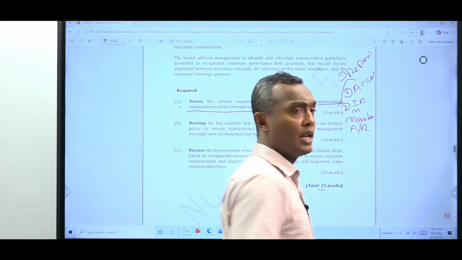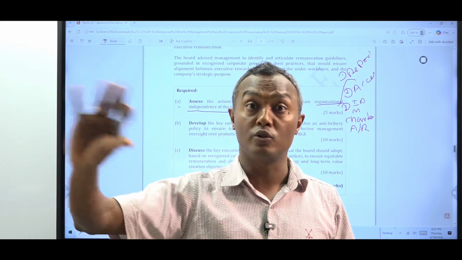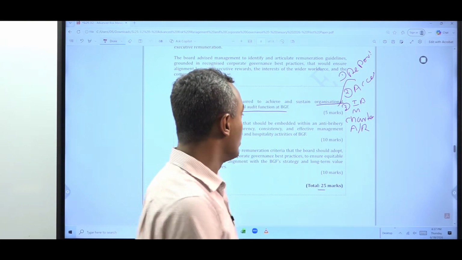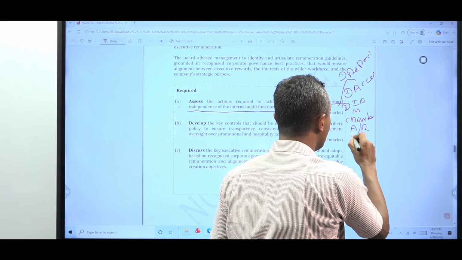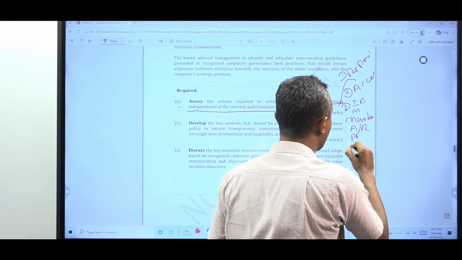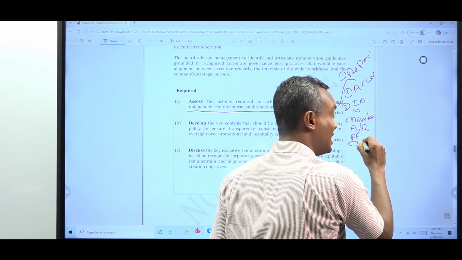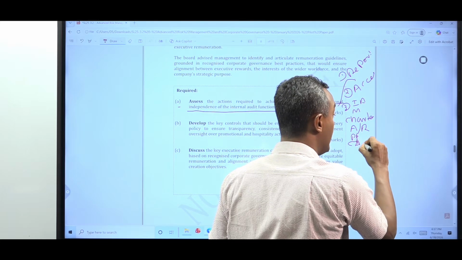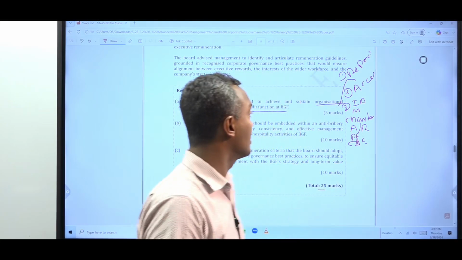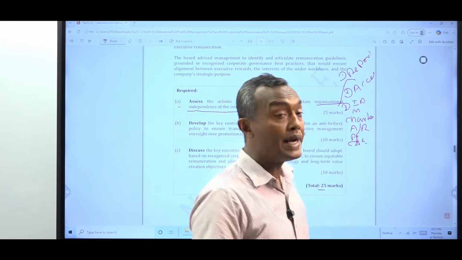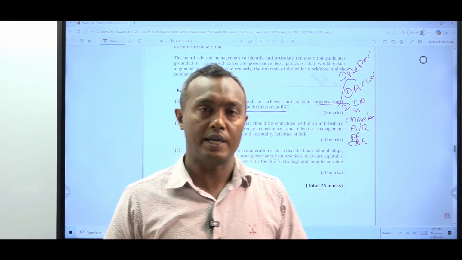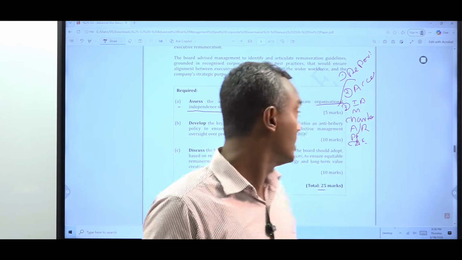Now if management doesn't like the head of internal audit, sack the guy. No, that's not acceptable. So appointment, removal, and performance evaluation of the head of audit, which we call the Chief Internal Auditor or Chief Audit Executive, CAE. I explained this in my main session. So the third point is the mandate as well as the Chief Audit Executive's role.